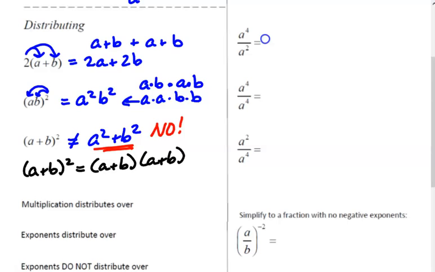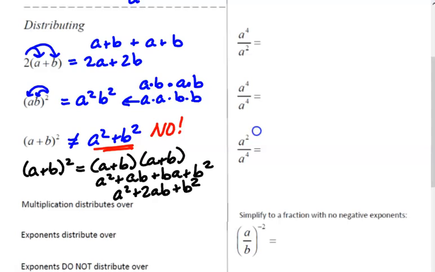And when you multiply that out, you get a squared plus ab plus ba plus b squared, because you have 4 different multiplications going on. A times a, a times b, b times a, b times b. And this simplifies to a squared plus 2ab plus b squared.